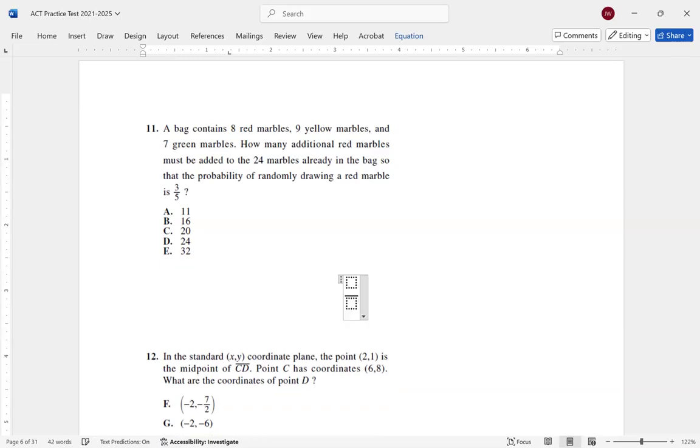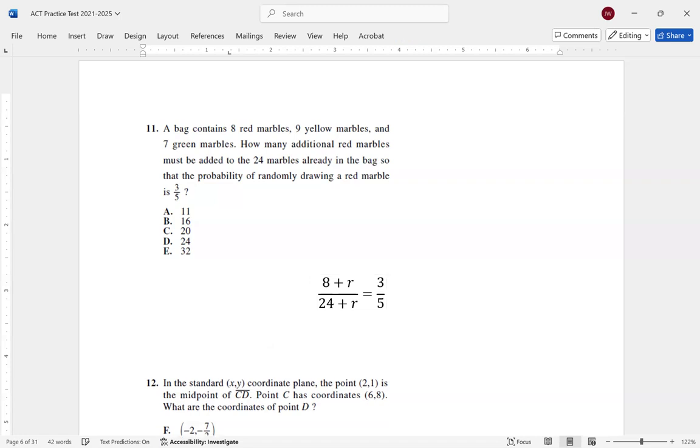Now, the probability of drawing a red marble right now is 8 out of 24 because there's 8 red out of 24 total. If we're going to add red marbles to the bag, we're going to add some number R, both to the amount of red marbles plus the total amount in the bag. And we want that fraction to be equivalent to 3 over 5.